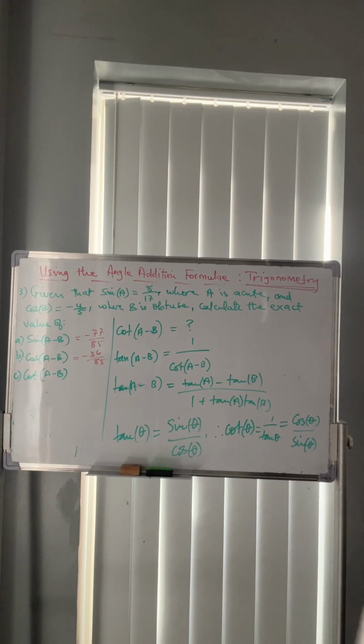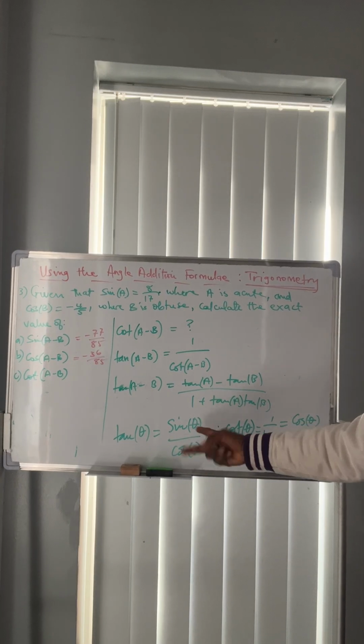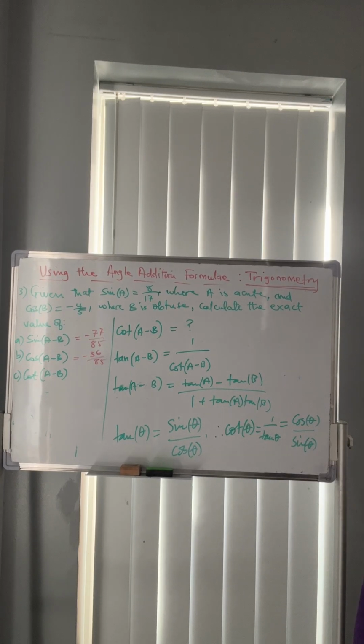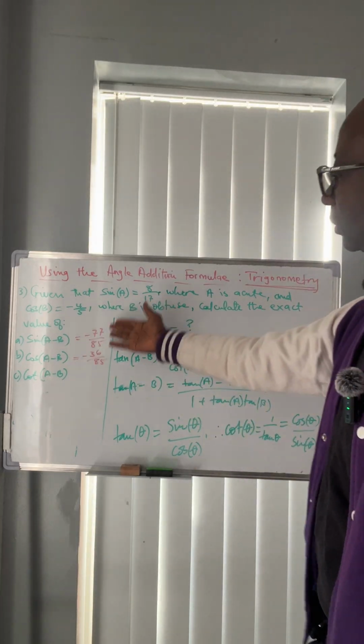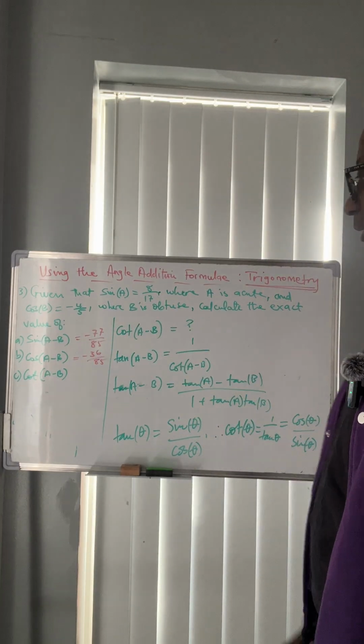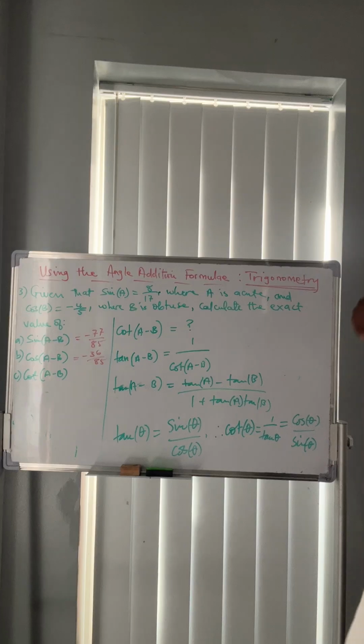I hope you understand this relationship. One is the reciprocal of the other, so it flips over. Why am I doing this? Because we have sine and cosine values already known. We can just use them directly.